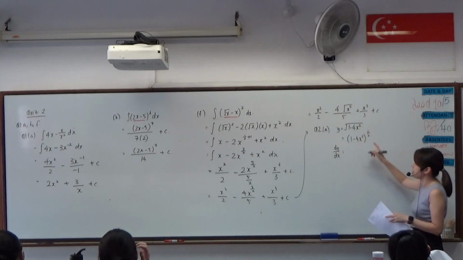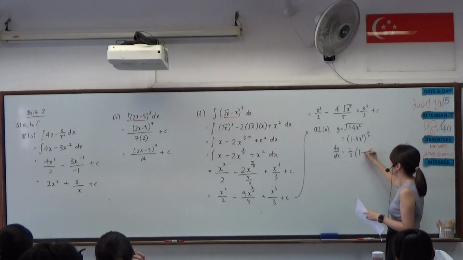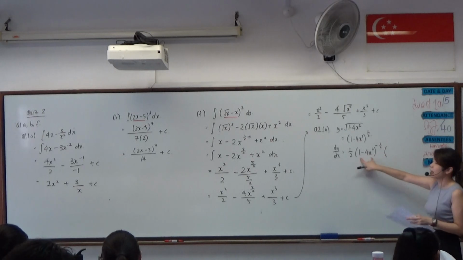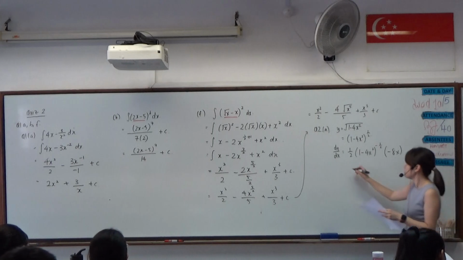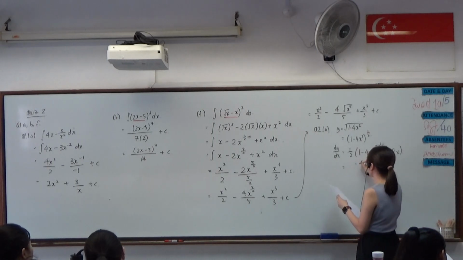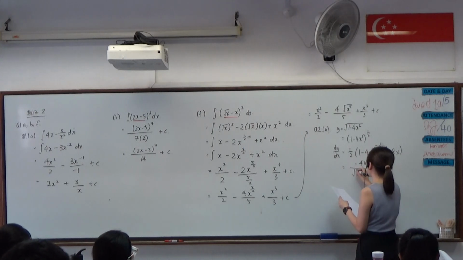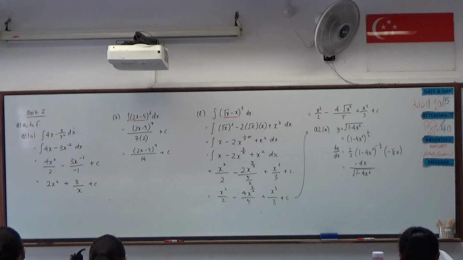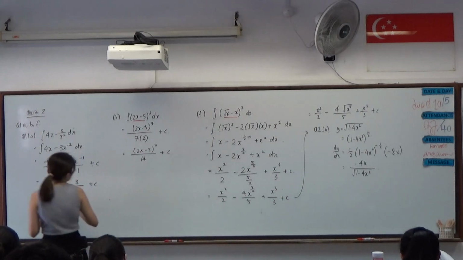So dy over dx, using our power rule and chain rule, bring down the power half, power minus 1, not forgetting to differentiate the inside, so negative 8x. This simplifies to negative 4x over square root of 1 minus 4x squared. I do expect that at this question 2a, everyone should be able to get it right, because that is on differentiation.